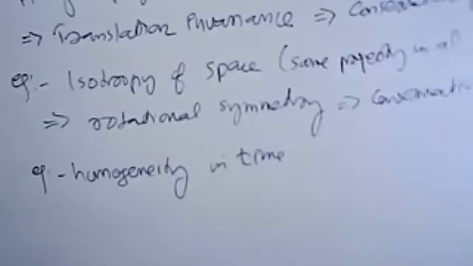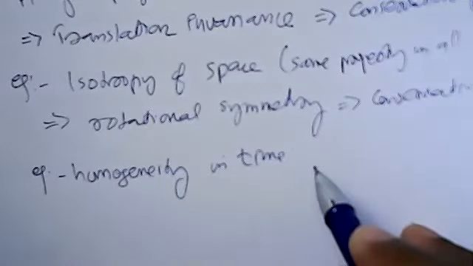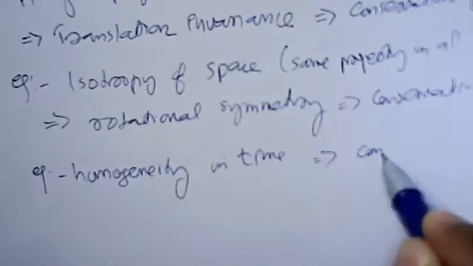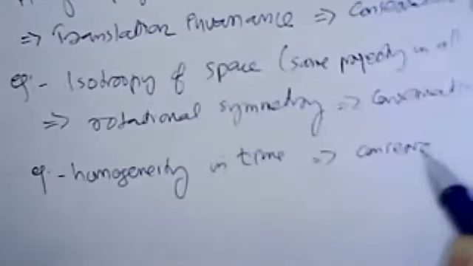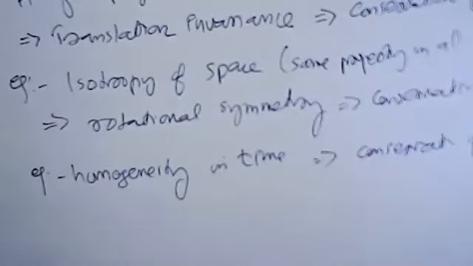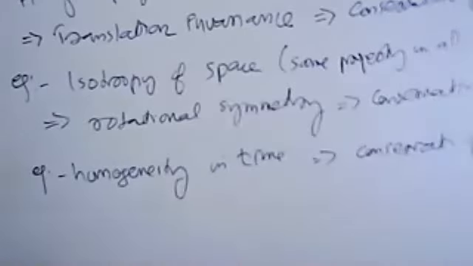So these two will lead to the conservation of energy. So homogeneity in time leads to the conservation of energy. This is what I told you yesterday, the connection between our superstitions and beliefs when you compare with the scientific principles.